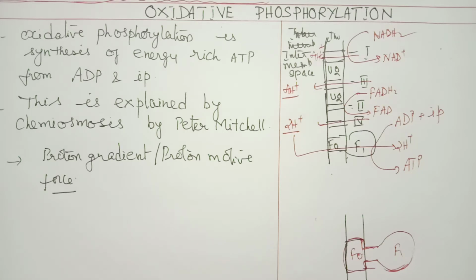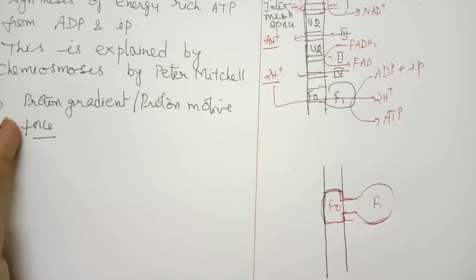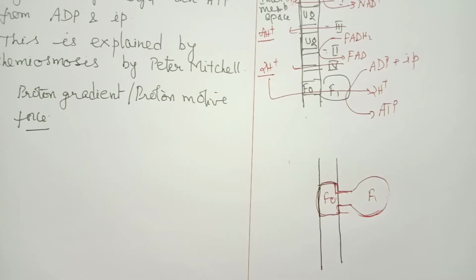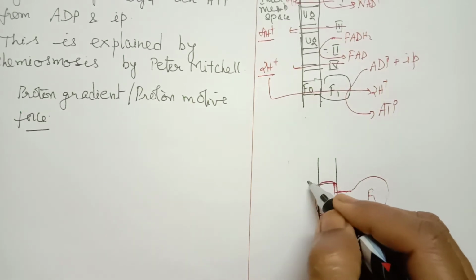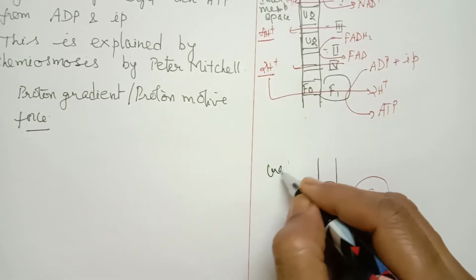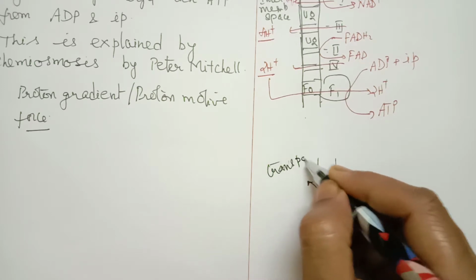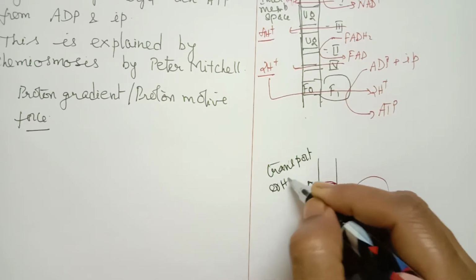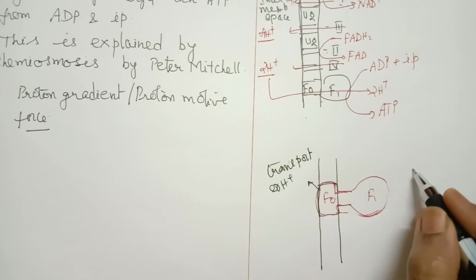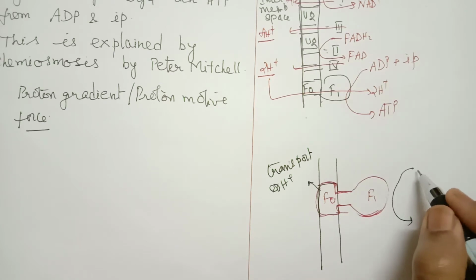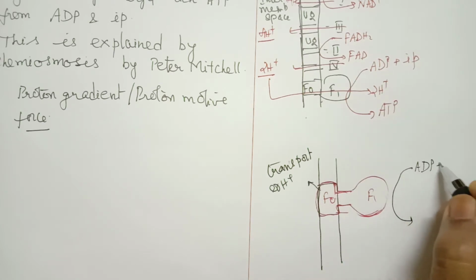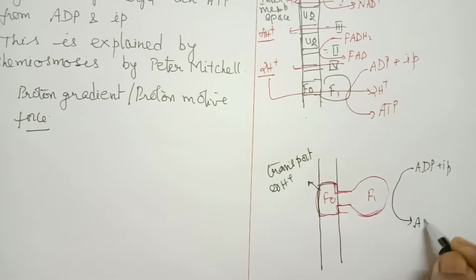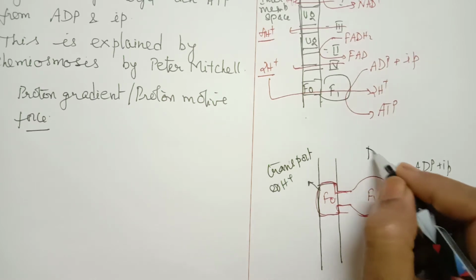Already all this we discussed in the chemiosmotic mechanism. F0 is the proton transport channel, a membrane protein that helps in the transport of protons. F1 is the actual site for ATP synthesis. From ADP and inorganic phosphate, ATP is synthesized. It projects into the matrix.